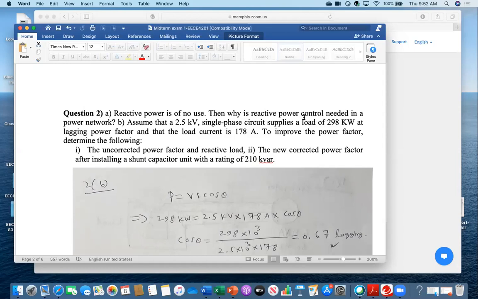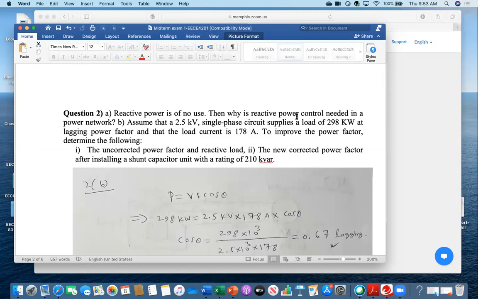Consequently, there will be a huge voltage drop in the system, there will be huge reactive power loss, your system efficiency will be low, and voltage regulation will be poor. That's why, even though reactive power is of no use in practical life, we still have to control it. So that will be the appropriate answer.